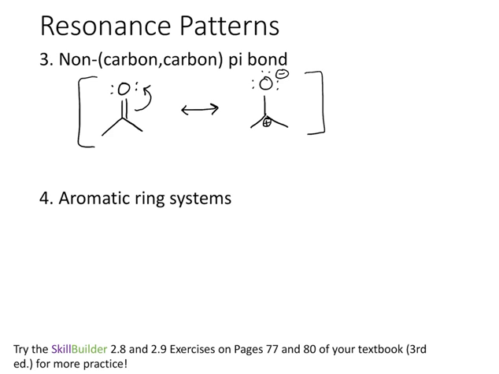And then number four, aromatic ring systems. This is something we're going to talk about in the future, but an aromatic ring system is something like a benzene ring, where you have six carbons all connected in a hexagon, and then we have alternating pi bonds. So what's really cool is that those pi electrons are delocalized all the way around the ring. So we could move these around and still have a valid resonance structure.